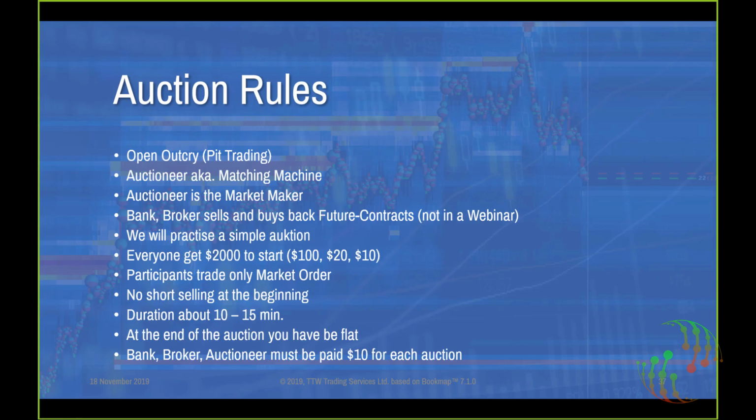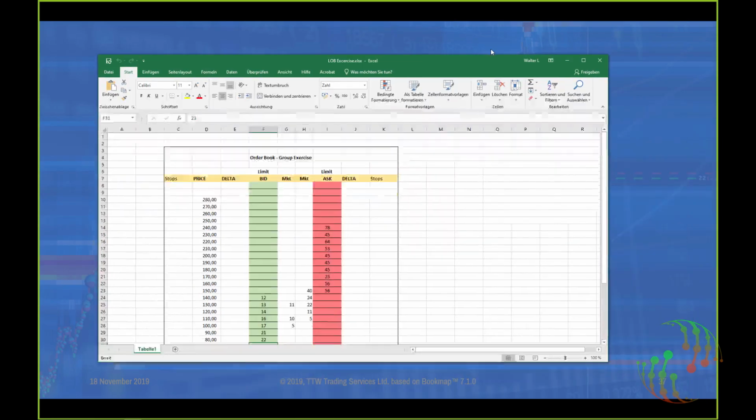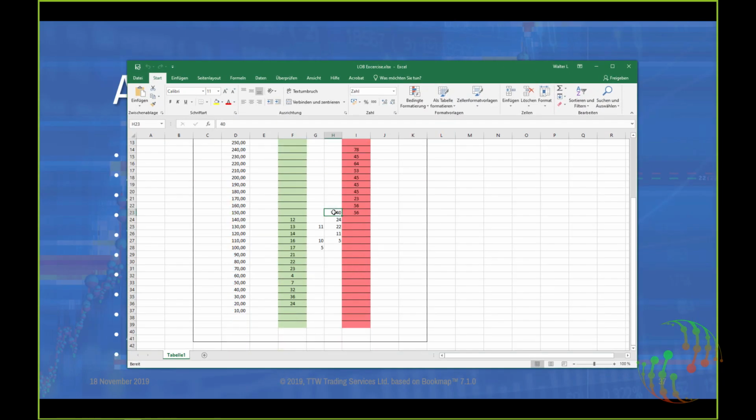At the end of the auction, you have to be flat, and I must be paid. Whether you are in profit or not, I must be paid, or at least I'm the broker and the auctioneer. I want to be paid for that. Please note that you have $2,000, and we will start with the trading. Let's use the chat because I need time to calculate and to update the limit order book.